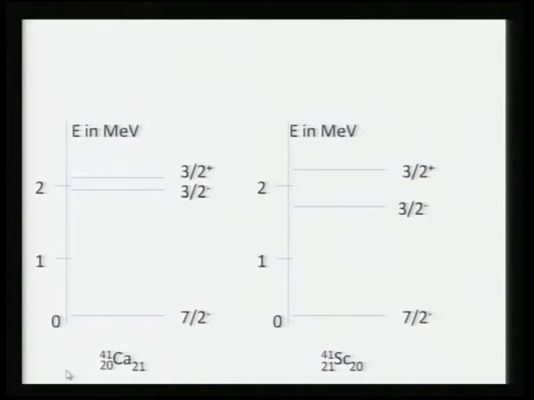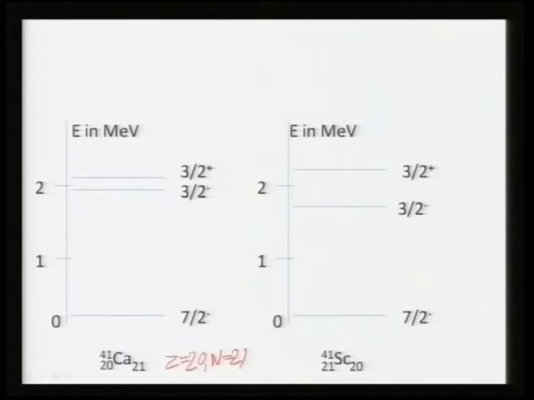Study these two things. This is calcium 41 and scandium 41. Calcium: Z is equal to 20 and N is equal to 21, right. Z equal to 20 is the shell closure, remember, and then you have this 1f 7/2 next one.